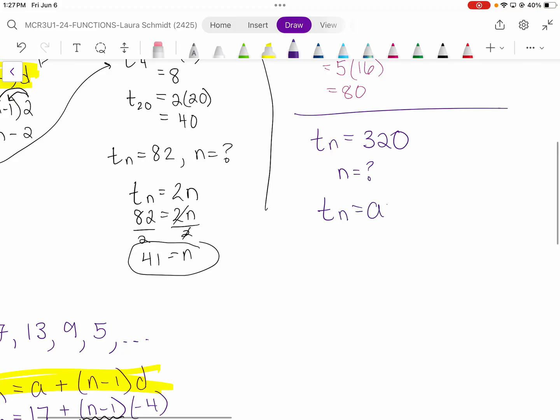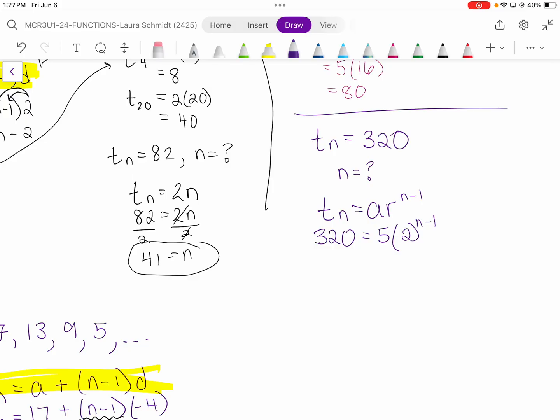T n equals A R to the power of n minus 1. So we know 320 is equal to 5 times 2 to the n minus 1. What should we do to solve this? Do we have to guess the exponent? We might have to.